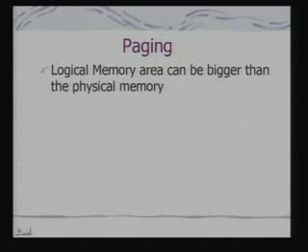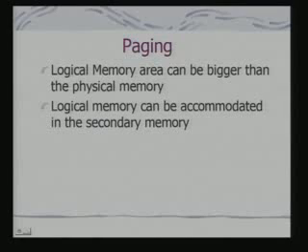The next way to implement virtual memory is by use of what is called paging. Now, the core concept is that the logical memory area can be bigger than the physical memory. In fact, this is one of the motivations with which we started on the concept of virtual memory.